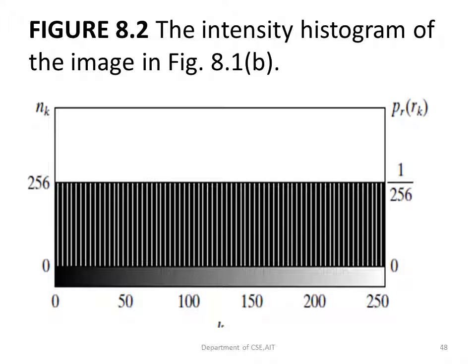This is the intensity histogram of the image of 8.1b. That means where we had the spatial and temporal redundancy, with equal or almost equal values, we can see the histogram will also have uniform intensities for all colors. Here nk is the number of pixels with the kth value, and pr(rk) gives us the probability of rk.